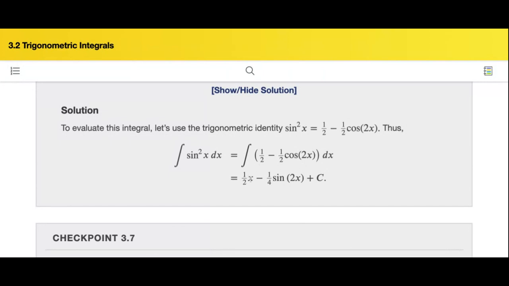Then half is easy, just half x, and the negative half cos 2x, and I differentiate that. That is a half of sine 2x. The half times half becomes 1/4, so I have a half x minus quarter sine 2x plus a constant number. Any questions?